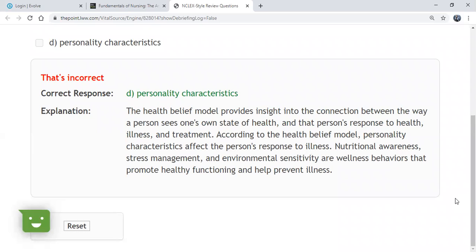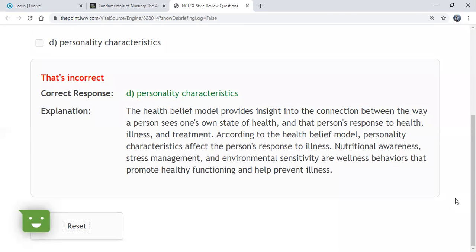He was right because I just read to you that the health belief model is based on 3 components: the person's perception of the threat of disease, the susceptibility to the disease, the seriousness of the disease, and the benefits of action. So that's why it was a personality characteristic.